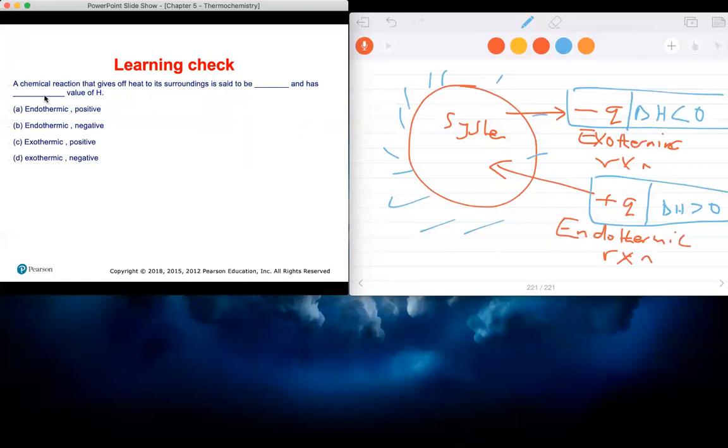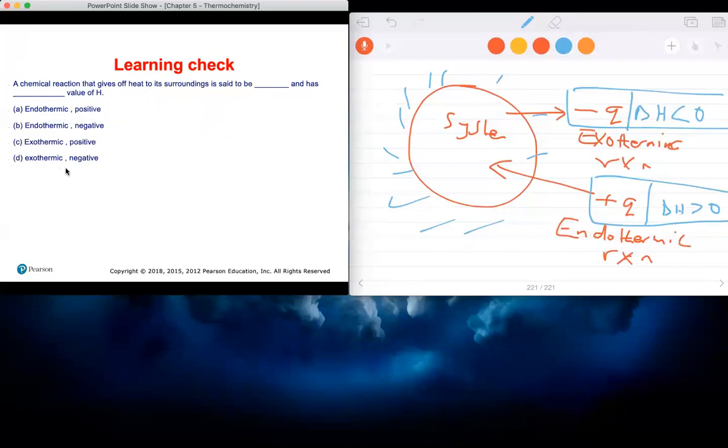I've seen problems similar to this. Somebody is saying this is what it is. Yes, Andrew says D. Let's see if it's correct. Exothermic is giving off. That's correct. And has a negative value. Yes, correct. You're right, Andrew. Thank you. The correct answer is D.